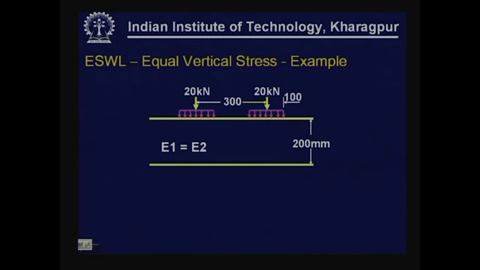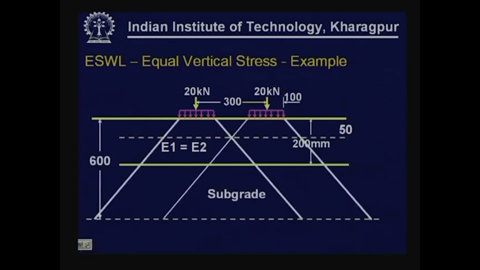So this will give us PD equal to 20 kilonewton, ST equal to 300 millimeters, and then d will be equal to 300 minus 100 minus 100, that will be 100 millimeters. And the depth that we are specifying is 200 millimeter, so Z is equal to 200.